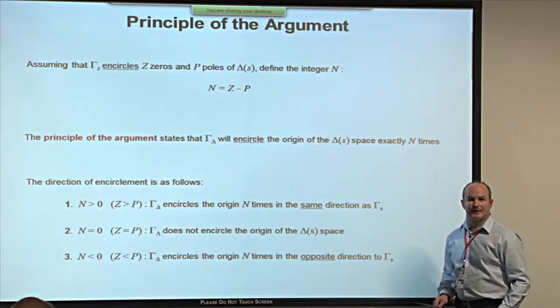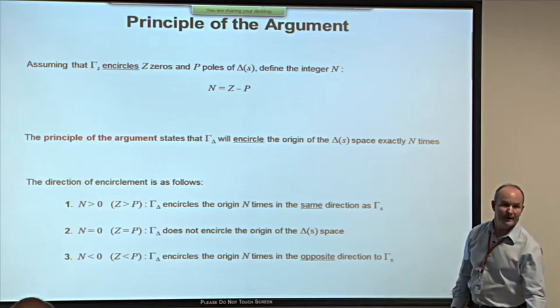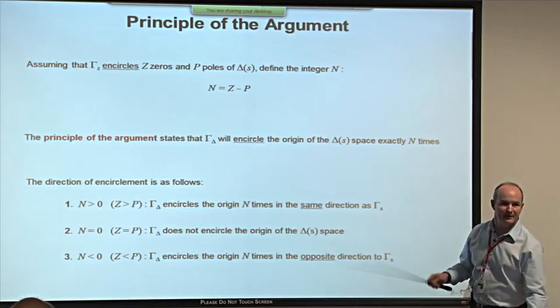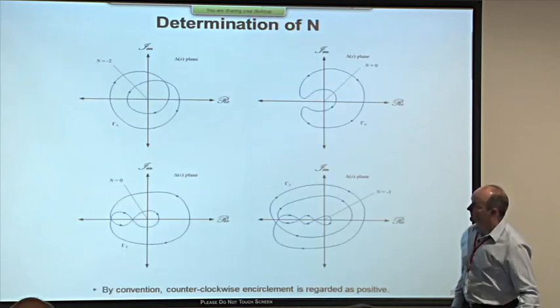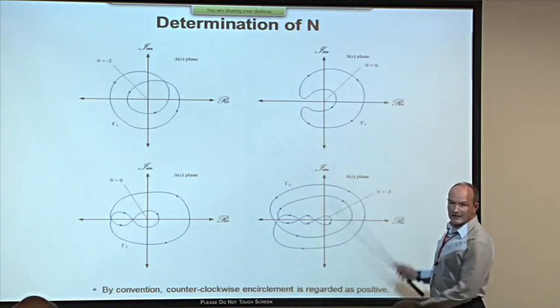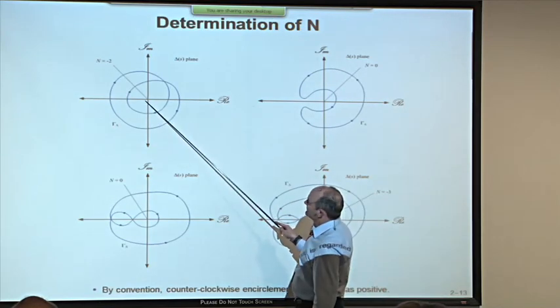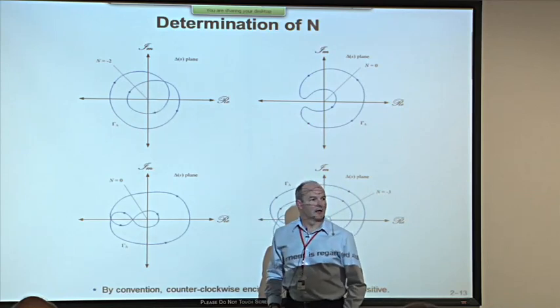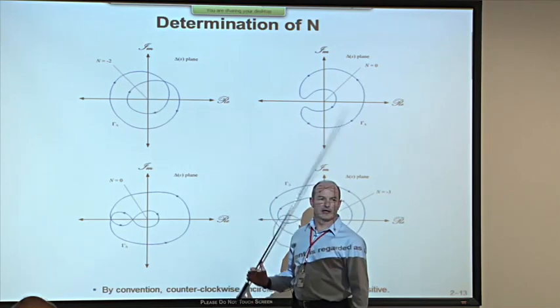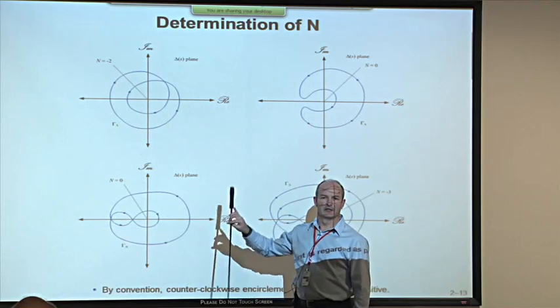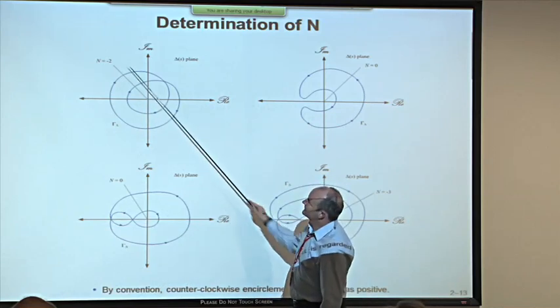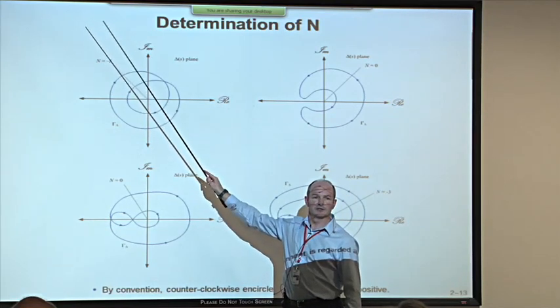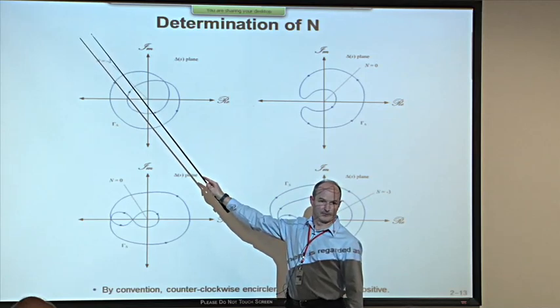Now, before I tell you about it, I want to tell you how you work out easily how many times you encircle the origin. And what you do is this. Any of these graphs, let's take this one. You start at the origin and you draw a straight line. And you draw that line in any direction you like. It doesn't matter. The only thing that's important about it is it goes far enough that it cuts all the contours.